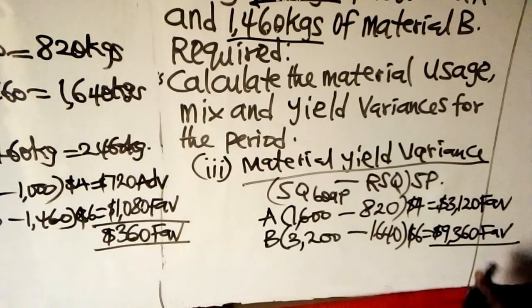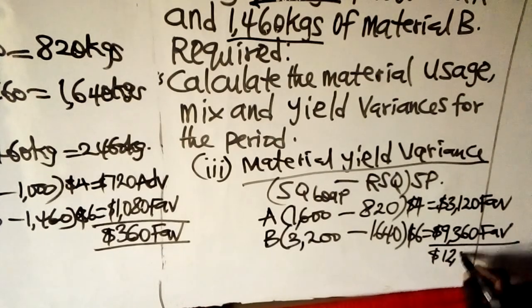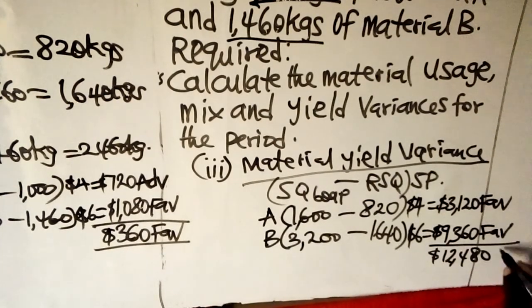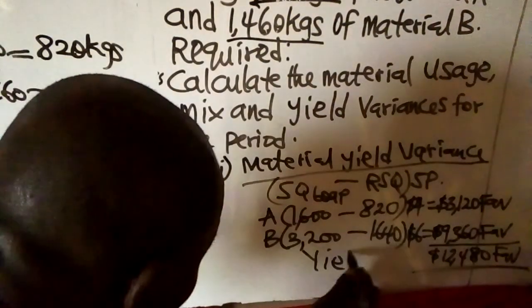Now, what is the total material yield variance? The total will be 9,360 plus 3,120, then we have 12,480 favorable. That is the material yield variance.